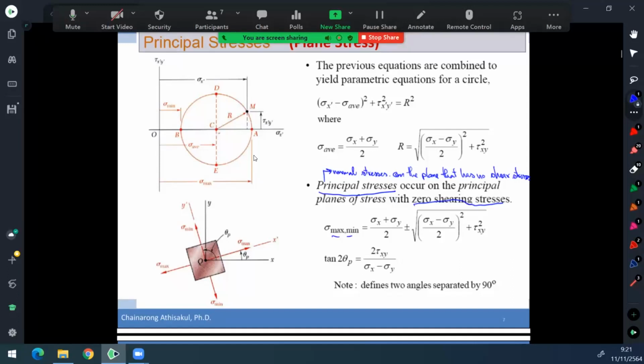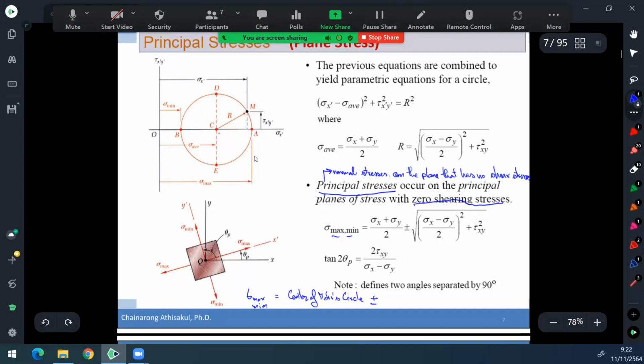Okay, and the formula for principal stress actually is very easy to remember. In my technique, I remember principal stress like this. Sigma max and sigma min is equal to the center of Mohr circle plus and minus the radius of Mohr circle.